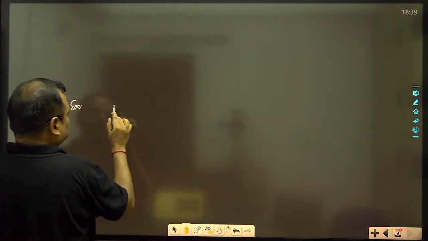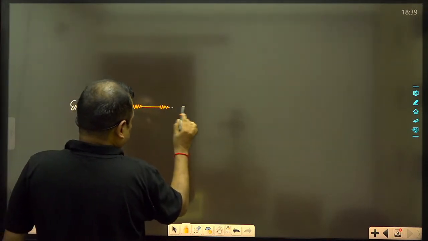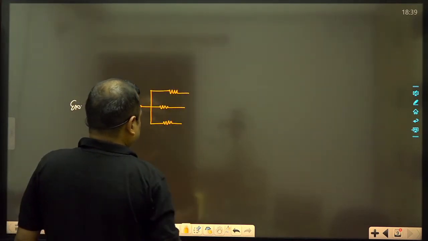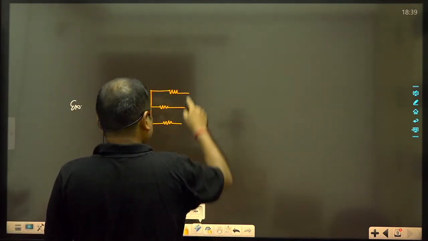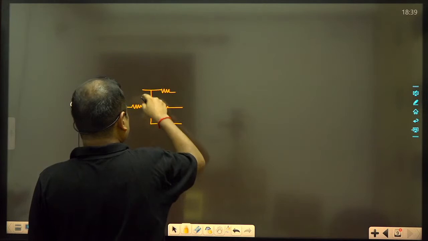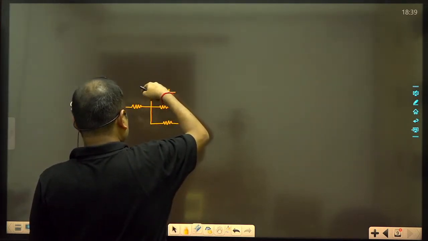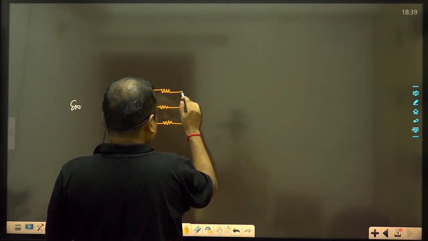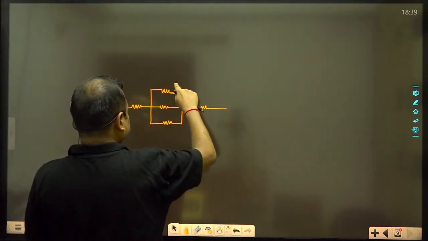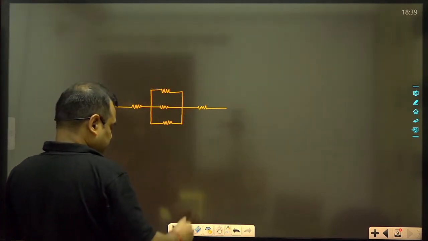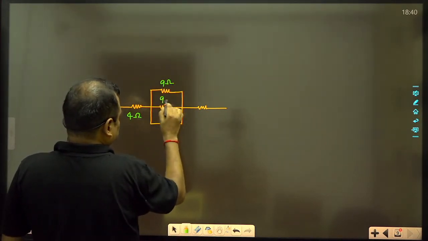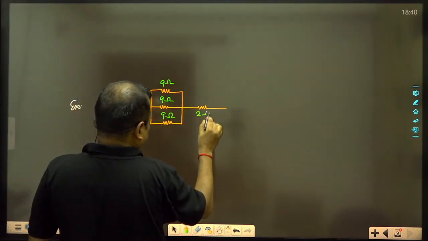Example. Suppose that this is 4 ohm, 9 ohms, 9 ohms, 9 ohms, 2 ohms.